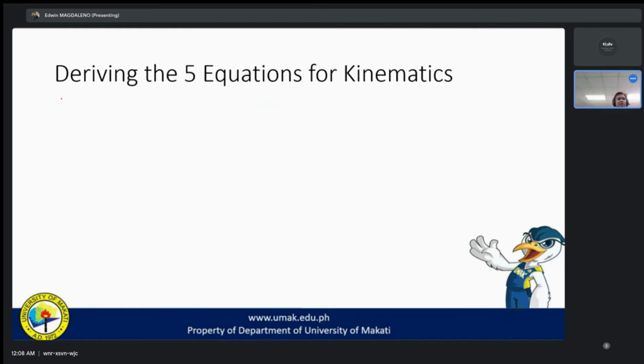Equation number 2 states that Vf is equal to Vi plus acceleration times time. Equation number 1, displacement is equal to 1/2 Vf plus Vi multiplied by time. So we will use Vf to find Vi plus at.